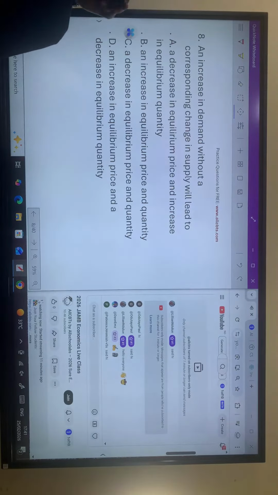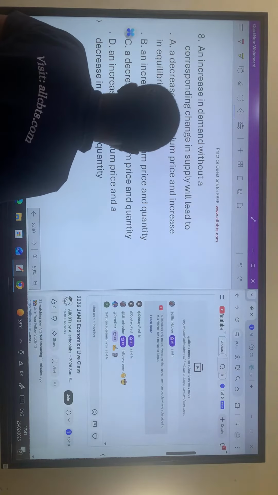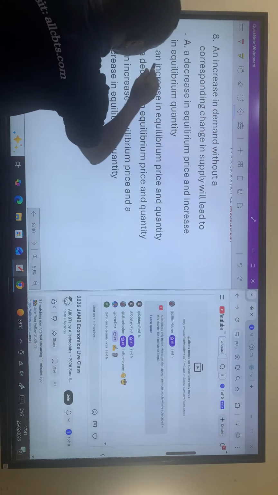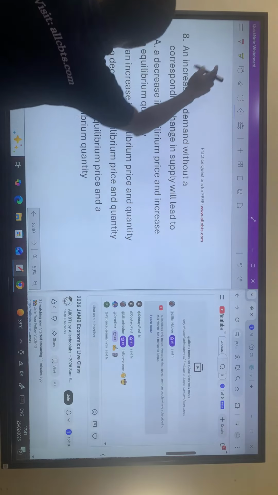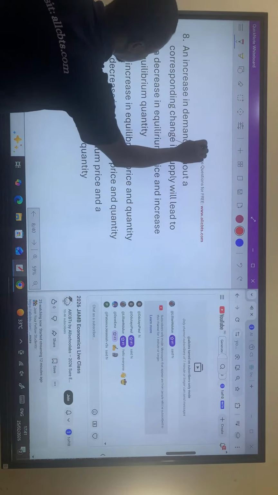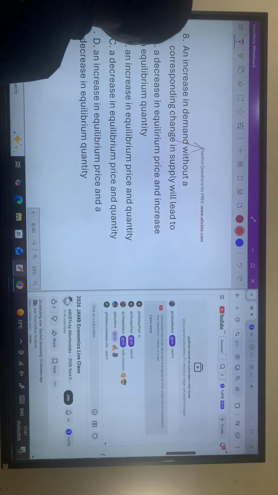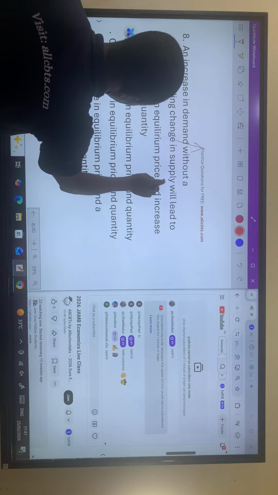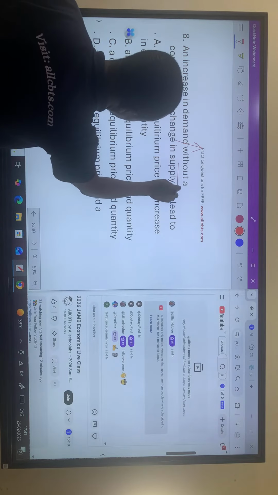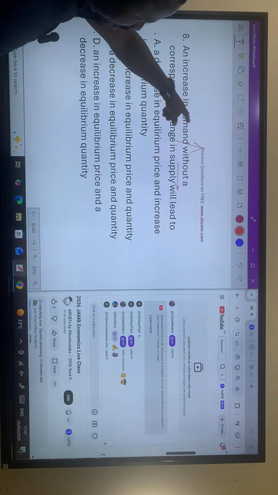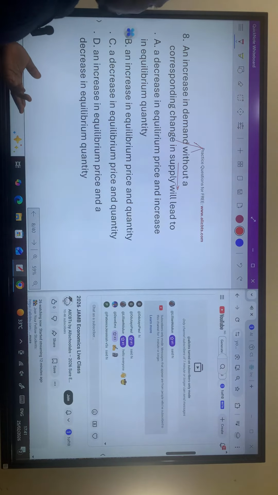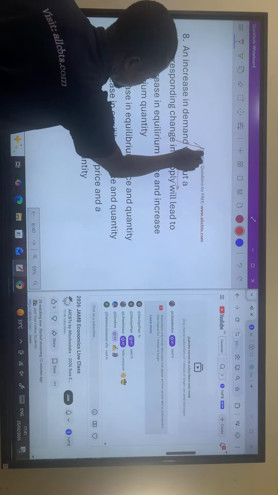An increase in demand without a corresponding change in supply will lead to what? When demand increases without a corresponding change in supply, supply still remains the same. What do you think will happen?